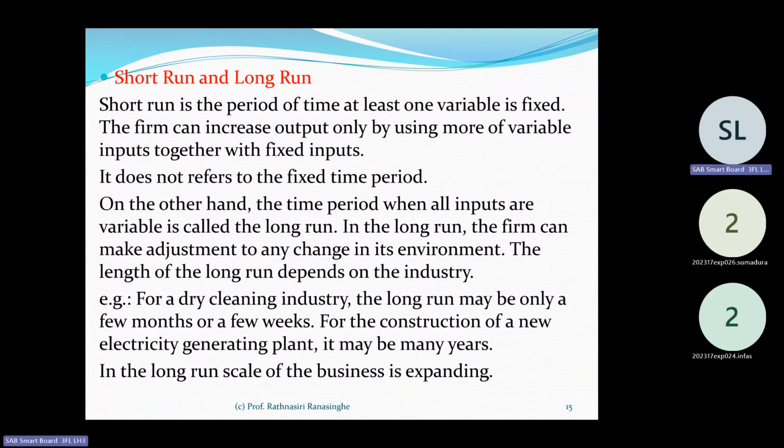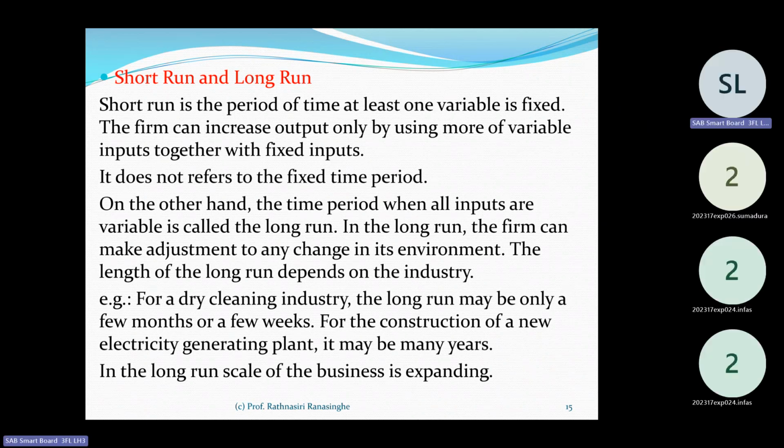But in the long run, since all the factors are variable, we expand the capital and the labor also. The scale of the business is expanding in the long run. With the expansion of the scale of the business, the production process generates returns to scale, and is subject to the returns to scale principle.